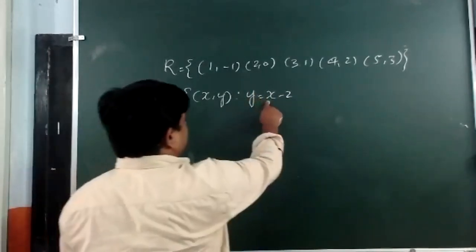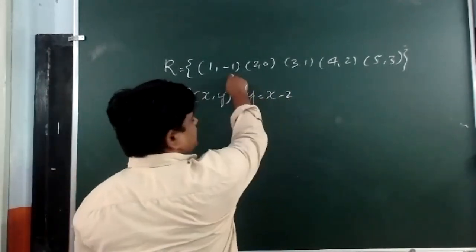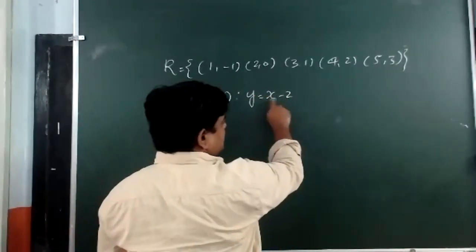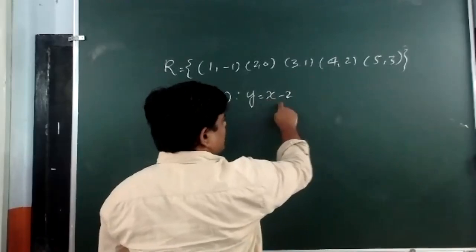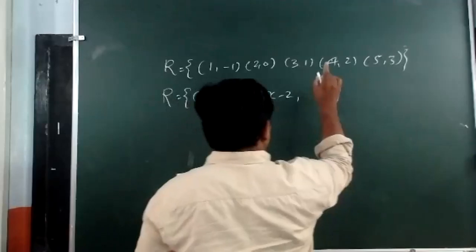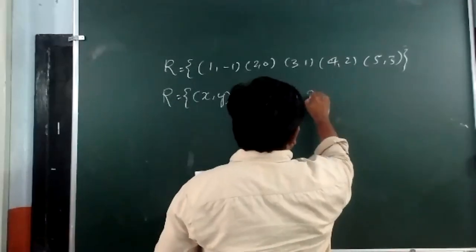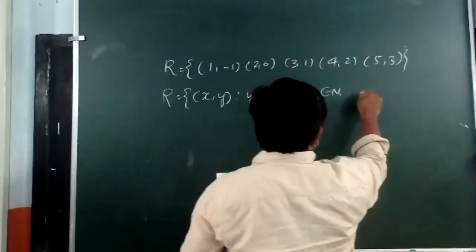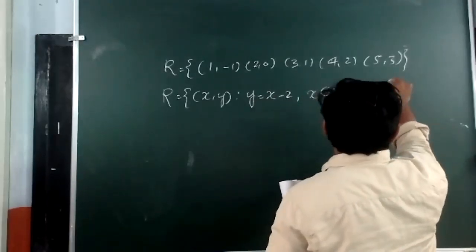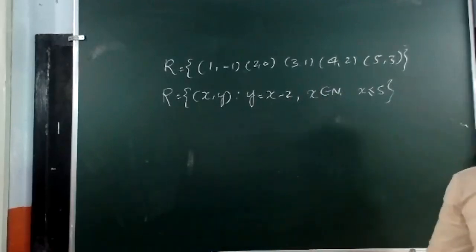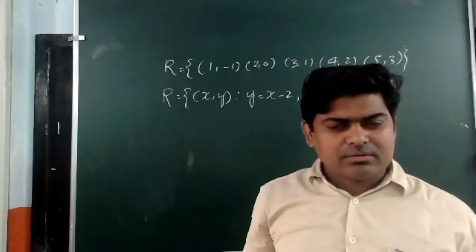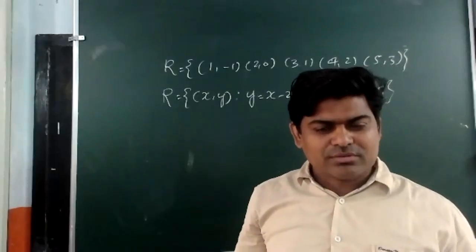See, if I take x is equal to 1, 1 minus 2 will be minus 1. If I take x is equal to 2, 2 minus 2 is 0. If I take x is equal to 3, 3 minus 2 is 1. I take 4, 4 minus 2 is 2, and 5, 5 minus 2 is 3. And one more thing is there, where x belongs to natural numbers and x is less than or equal to 5. Is it set builder form now? Say yes or no.